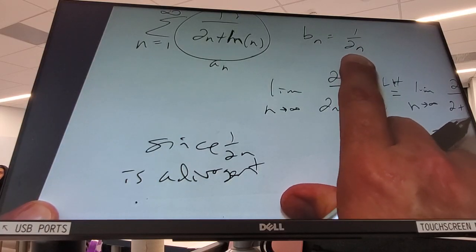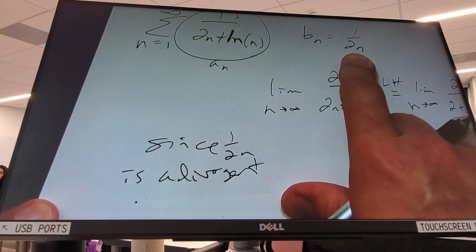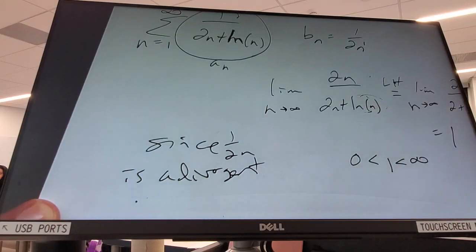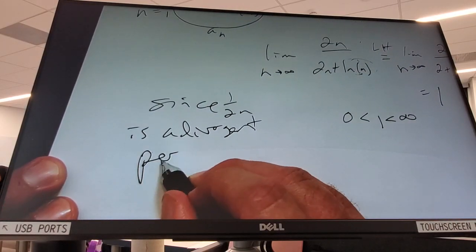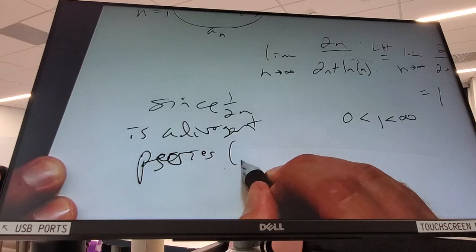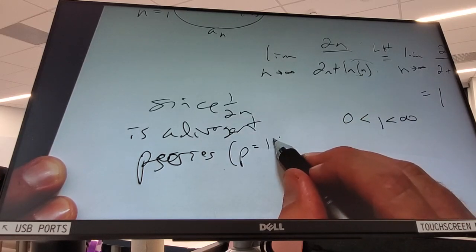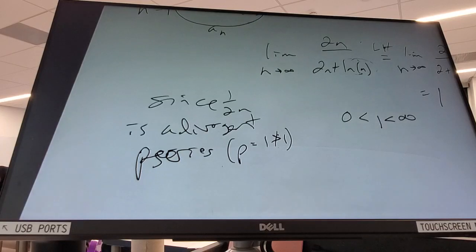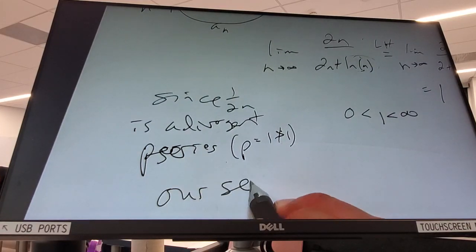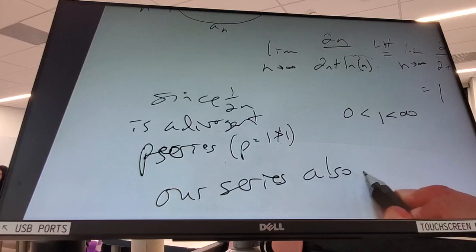How do you know it's divergent? Oh, P series. Divergent P series. P equal to 1, which is not greater than 1. Our series also diverges.